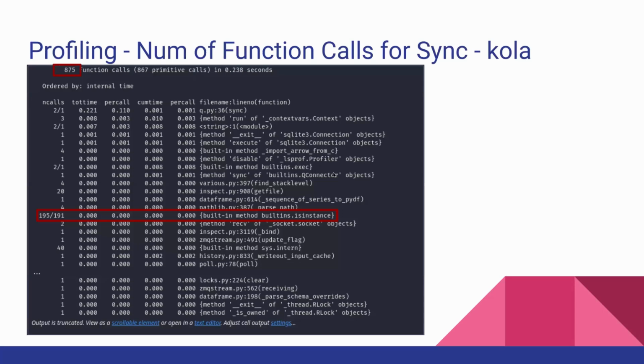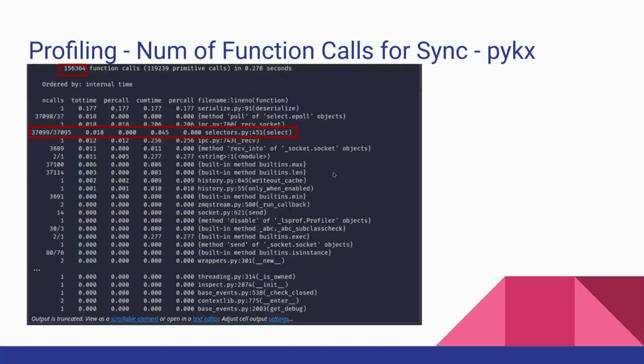So here's some profiling when querying data using Kola or PyKX. You can see when you query data calling the think function using Kola, there are only 900 function calls, and that big number is actually an instance of a Python function.